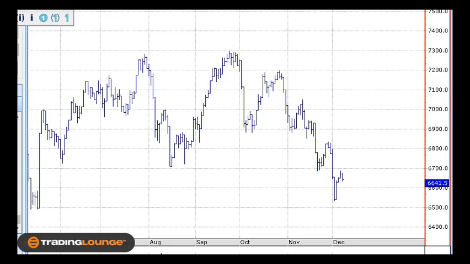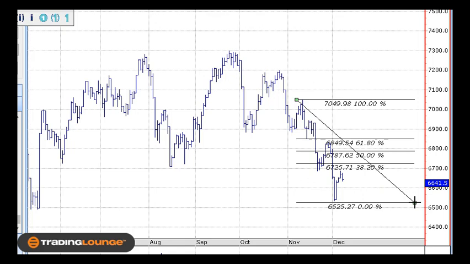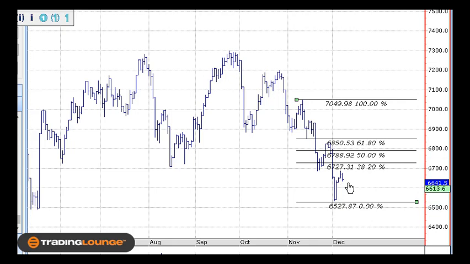So from this high here, we can look at this rallying either to the wave 4 of 1 lesser degree, which is quite high, or to the 38.2% retracement level. So somewhere in here, we're looking for a simple ABC structure in here.